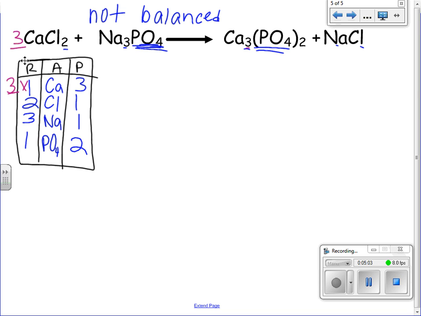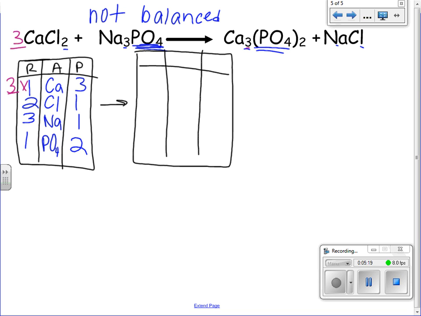So let's see if anything else was affected, okay, by multiplying our calcium atoms in our reactants by 3 and adding that coefficient 3 to the equation in front of calcium chloride. And we can check that by drawing a new RAP table. Okay, so we have 3 calcium atoms in our reactants, okay?